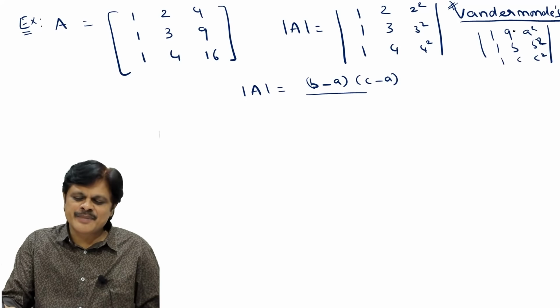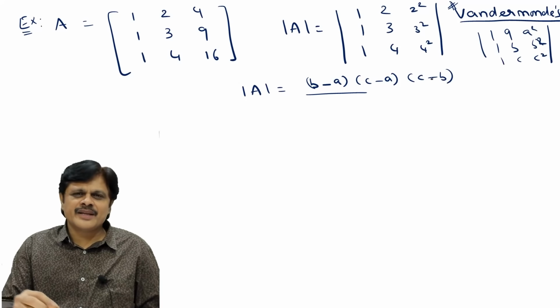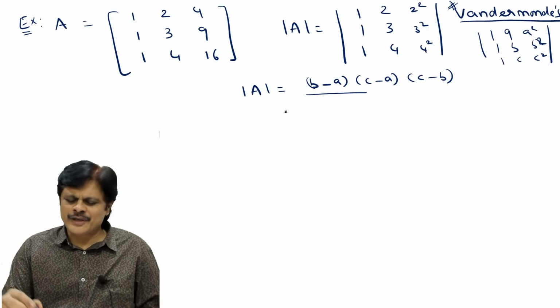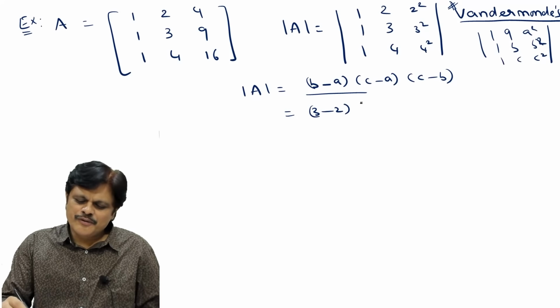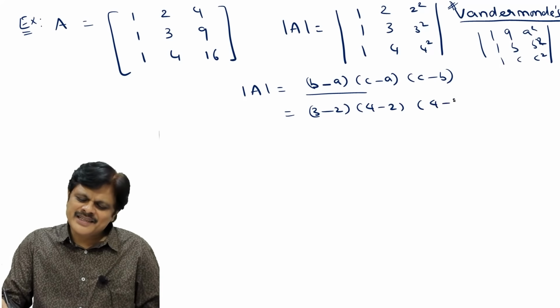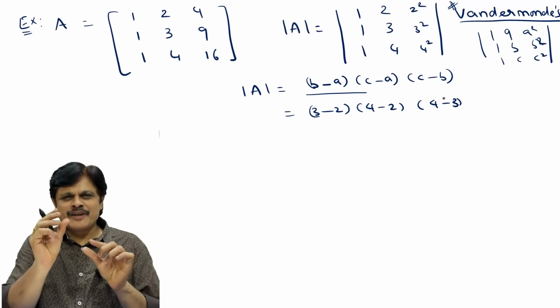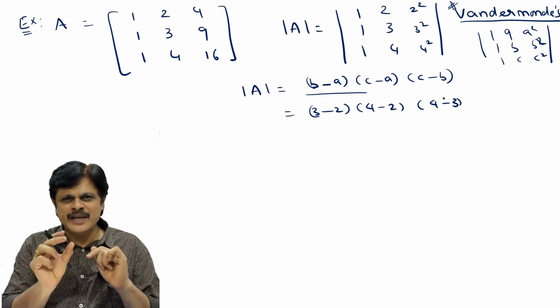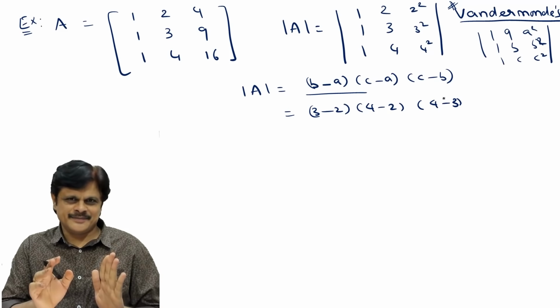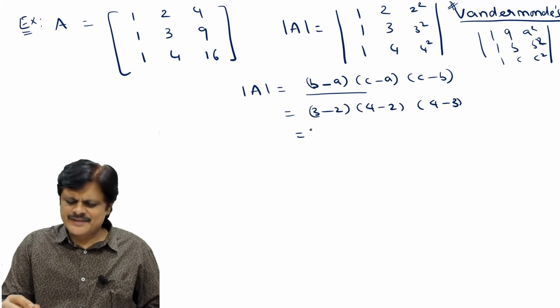First you take B minus A, C minus A. Next, C minus B. If you write in this orderly manner, you will get the answer. So B is what? 3 minus 2, 4 minus 2, next 4 minus 3. That is, you fix A: B minus A, C minus A. Now next you fix B: C minus B. Like that, you will get the answer.